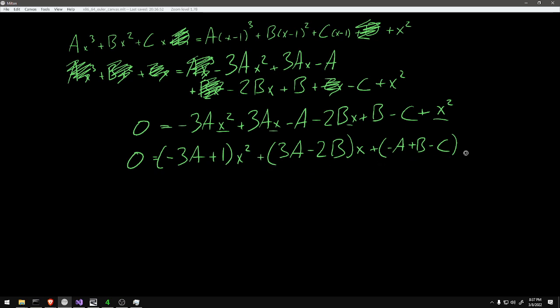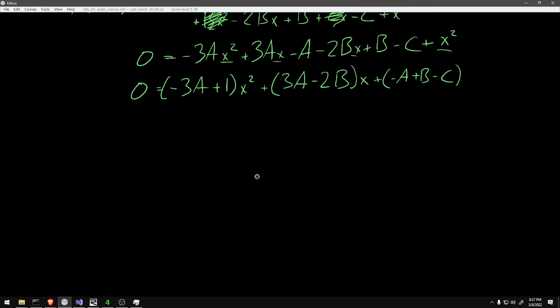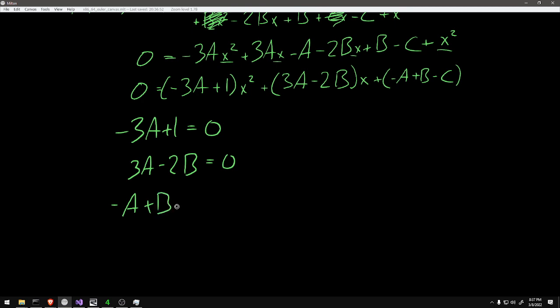So this gives us a new system of equations where we can say negative 3a plus 1 equals 0, 3a minus 2b equals 0, negative a plus b minus c equals 0.